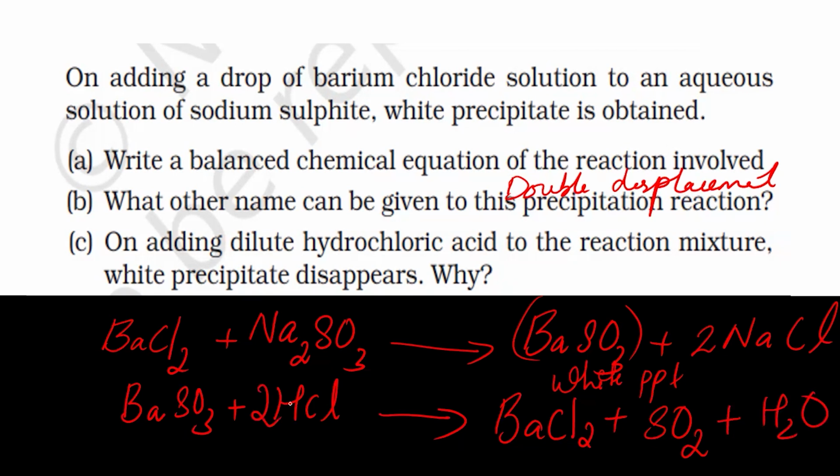You can see here barium sulfite was initially a white precipitate. When you add dilute hydrochloric acid to that, you will get barium chloride again. Due to the formation of this barium chloride, which is soluble in water, the white precipitate will disappear.